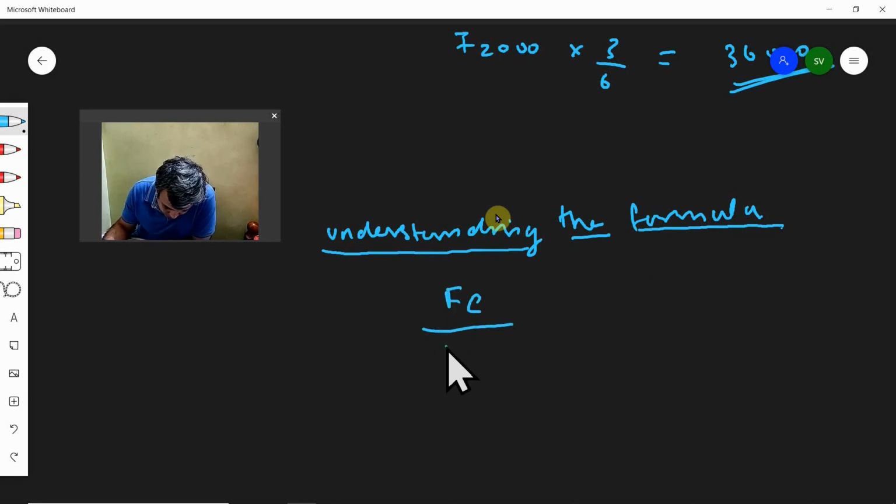FC divided by contribution per unit. What contribution per unit? Weighted average contribution per unit is what? Overall BEP.